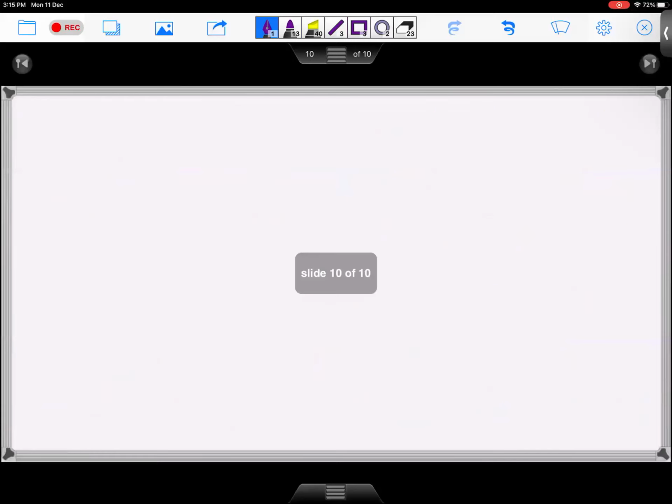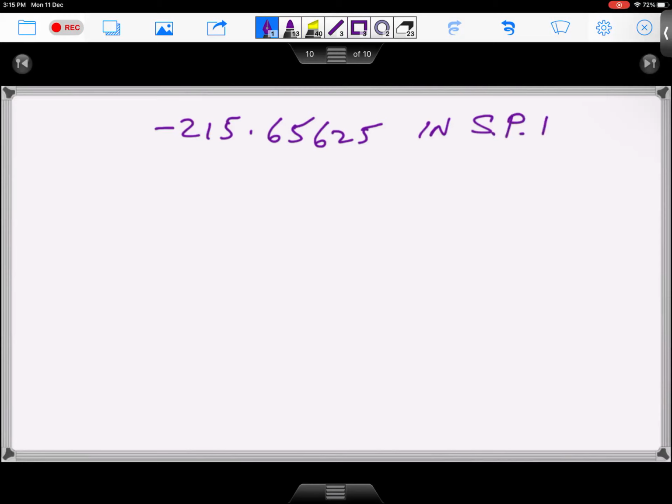Moving right along, we come to question 5, which asks us to represent minus 215.65625 in the single precision floating point scheme.